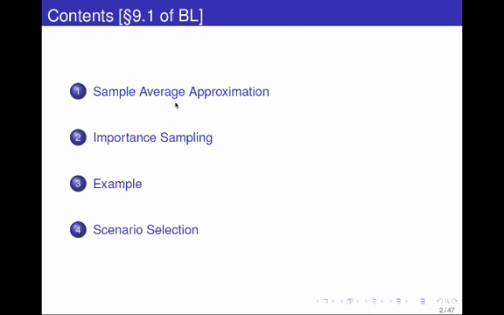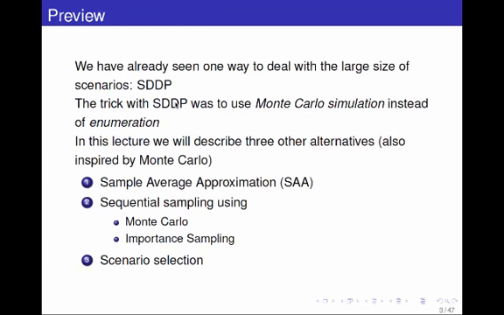Then an idea based on importance sampling, which was proposed, or at least Jared Dinfanger worked on it a lot when he was with George Danzig at Stanford. And then we'll see how these two methods compare on a specific example that's in the book. And finally, we'll talk a bit about scenario selection.